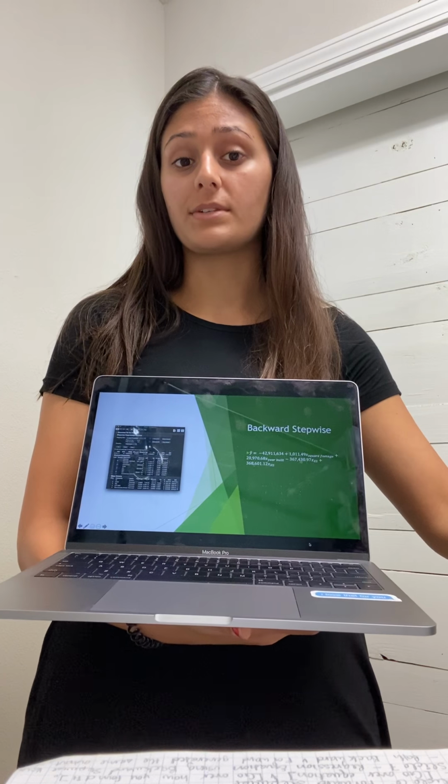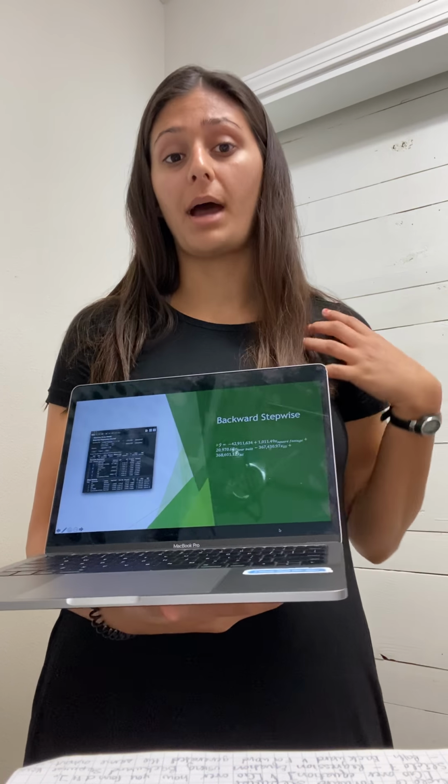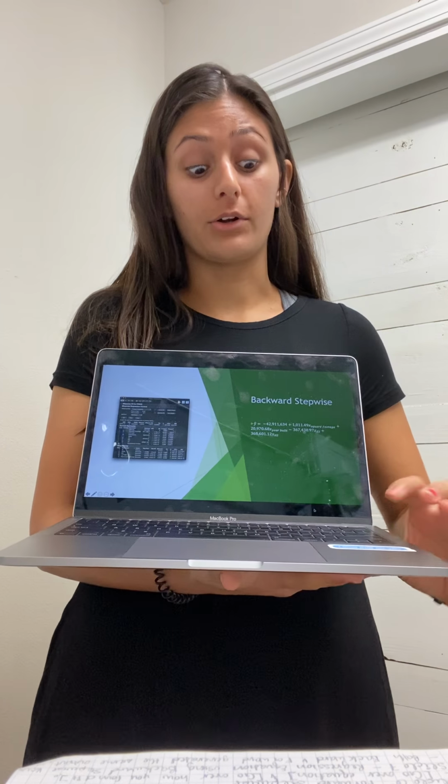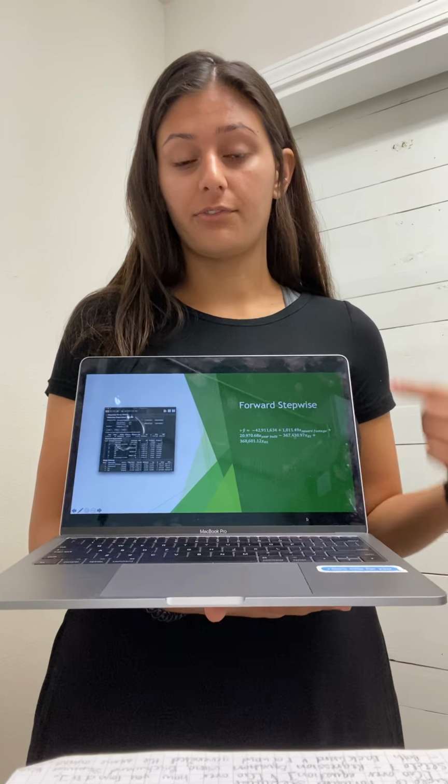Those are the only variables that stayed. Everything else was rejected. Even my variable, the occurrence of home, was rejected because it just didn't have a large enough p-value. This is the forward selection.